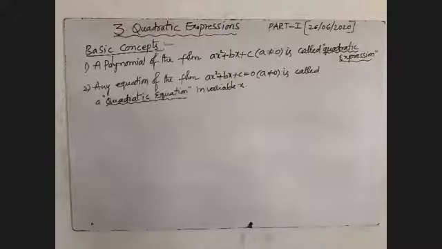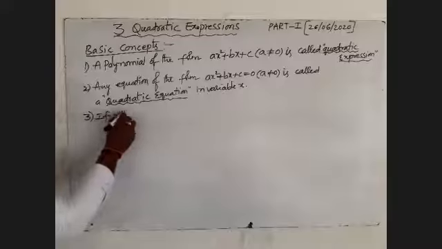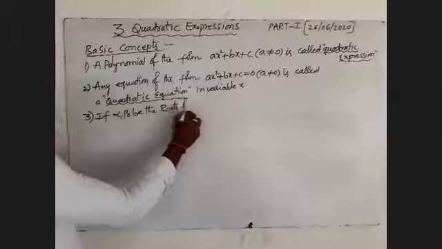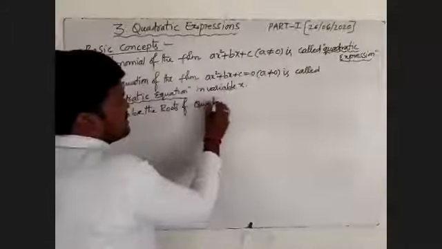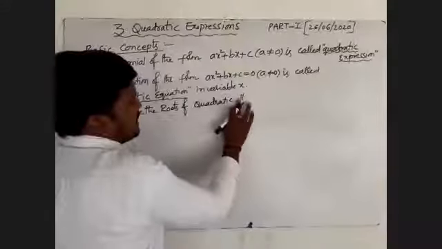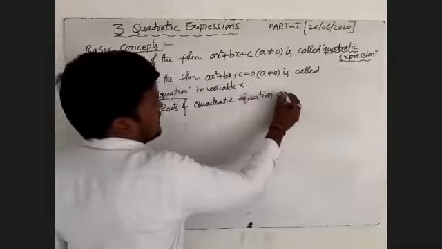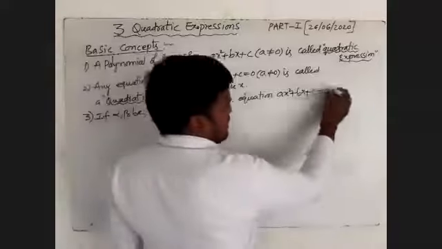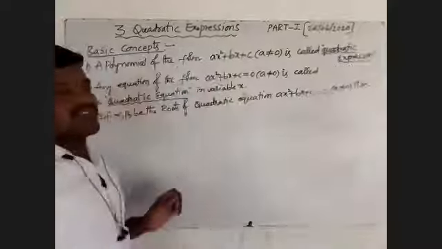I will take one quadratic equation. If alpha comma beta be the roots of a quadratic equation ax square plus bx plus c is equal to 0, where a does not equal to 0, then what conditions will be satisfied?